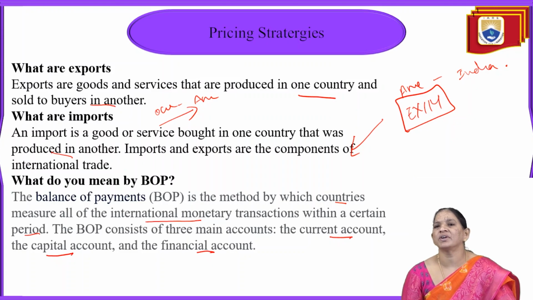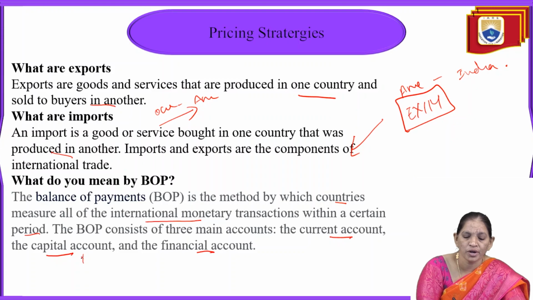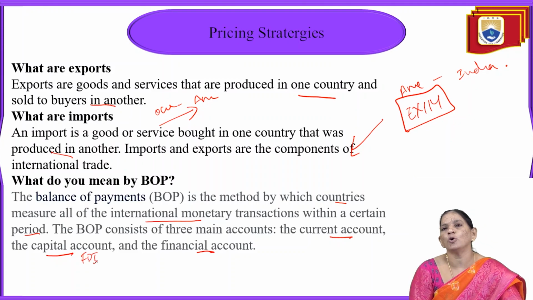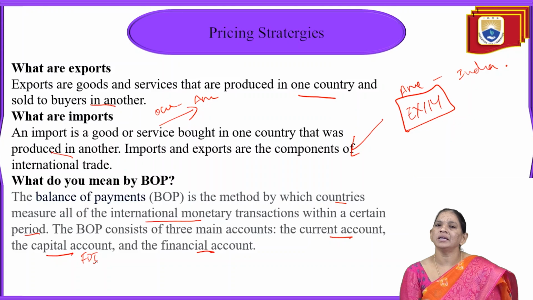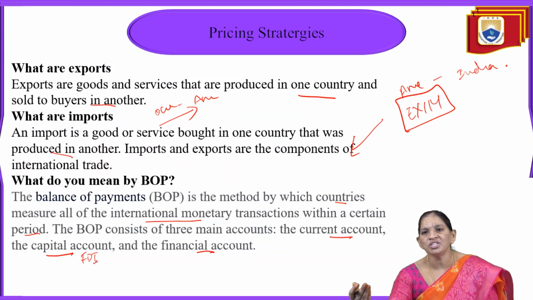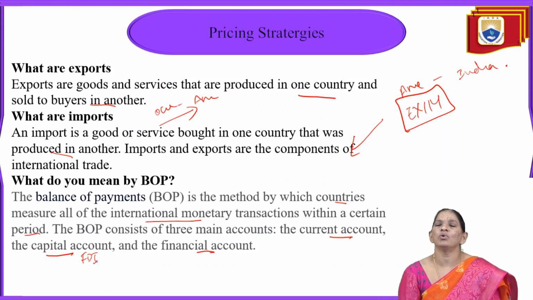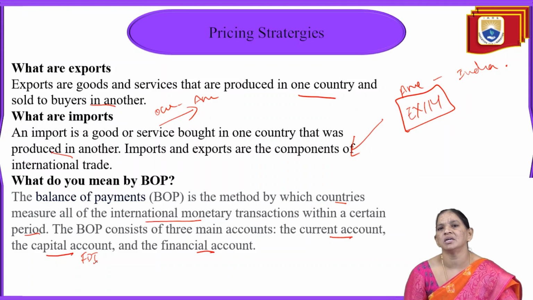That means all types of current transactions relating to imports and exports, and the capital transactions, investment, FDI, foreign direct investment transactions, and also any sorts of financial grants from one country to another. All of these are accumulated, and then we identify how much the country's money went outside and how much the foreign country's money came inside. Both have to be balanced, which we call the balance of payments in international monetary transactions.